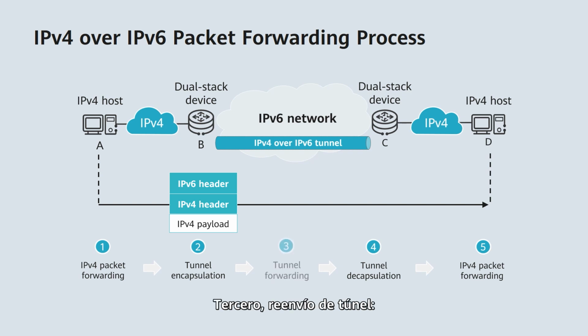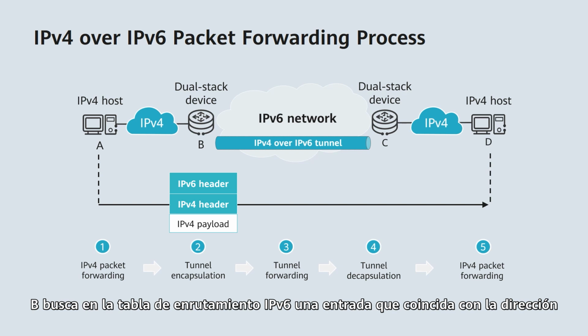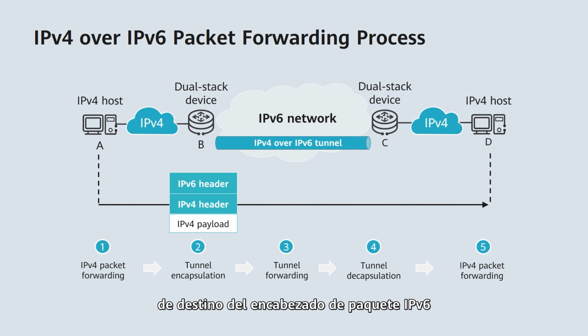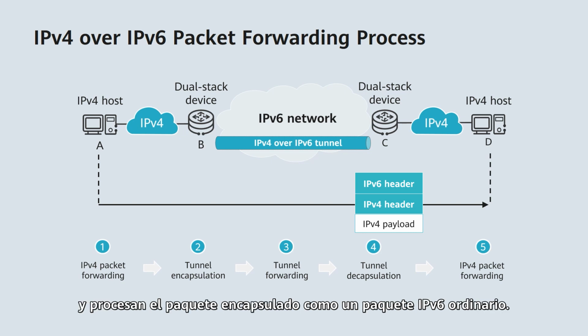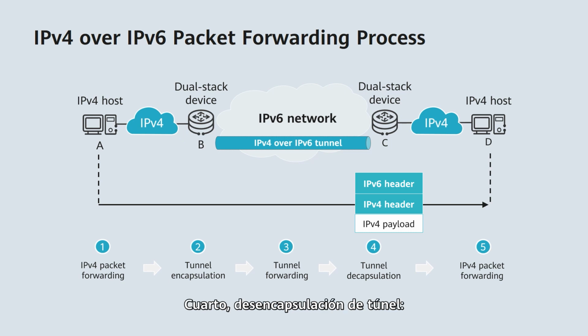Third, tunnel forwarding. B searches the IPv6 routing table for an entry matching the destination address of the IPv6 packet header and forwards the encapsulated IPv6 packet to C. Other nodes on the IPv6 network are unaware of the tunnel and process the encapsulated packet as an ordinary IPv6 packet. Fourth, tunnel decapsulation.